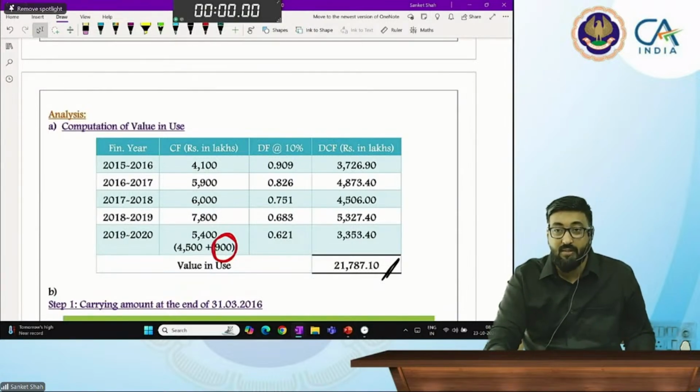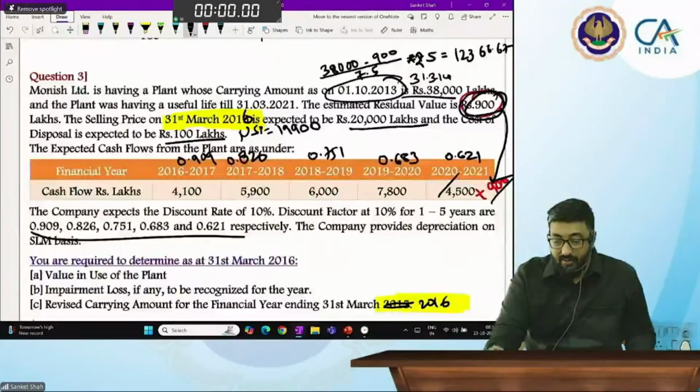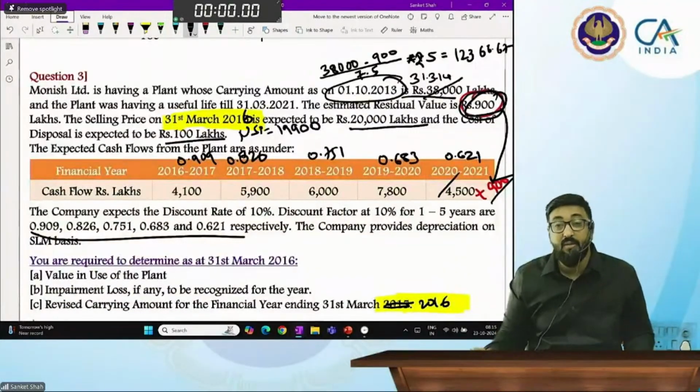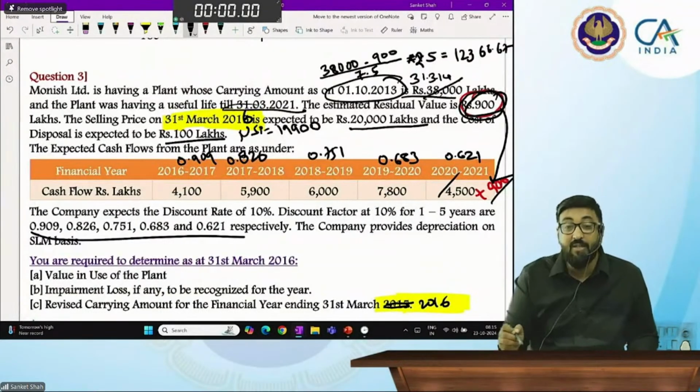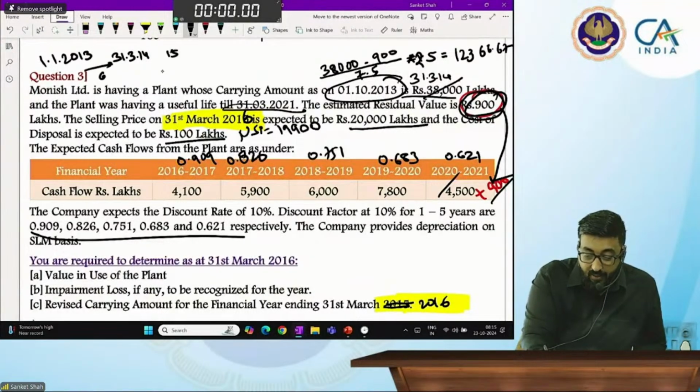Let's go next. After that, carrying amount. Now I bought an asset at 38,000 on 1/1/2013. Useful life is until 31st March 21. So the year from 1/1/2013 will complete on 31st March 14. 6 months, then 15, 1 year.